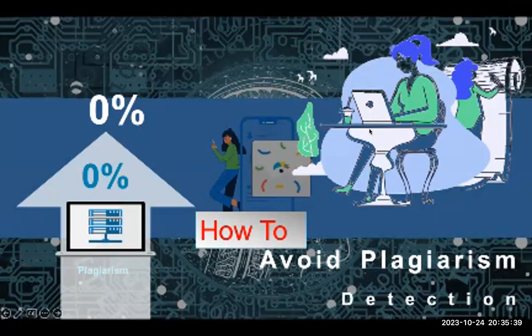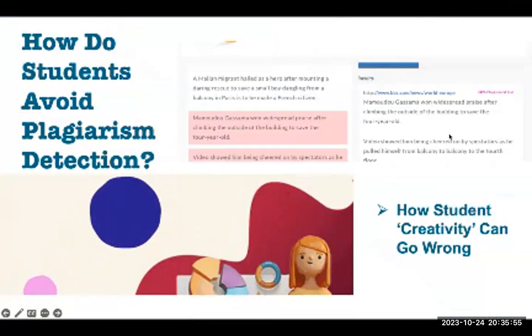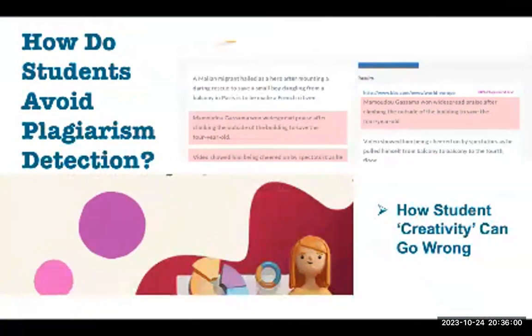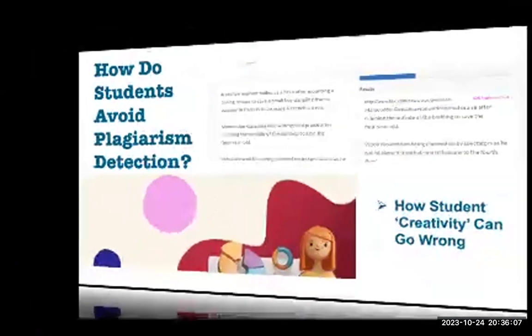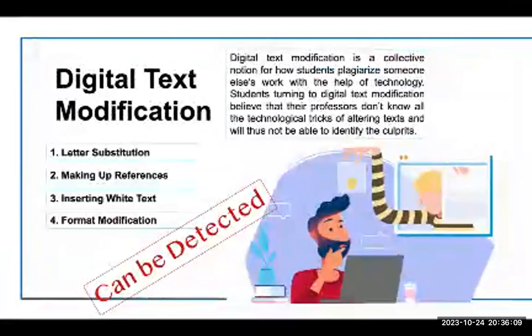Now we're going to start on how to avoid plagiarism, because we now have an idea of what plagiarism is, what types of plagiarism exist, and how you can check for plagiarism. Now it's time to look at how students avoid plagiarism detection. There are multiple ways students' creativity can go wrong. So it is teachers' responsibility to guide students.